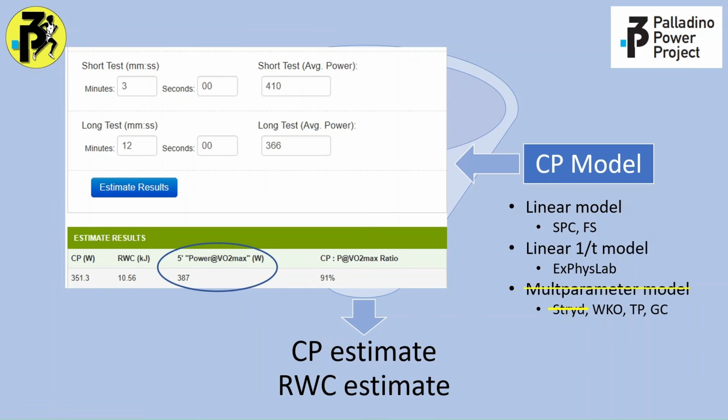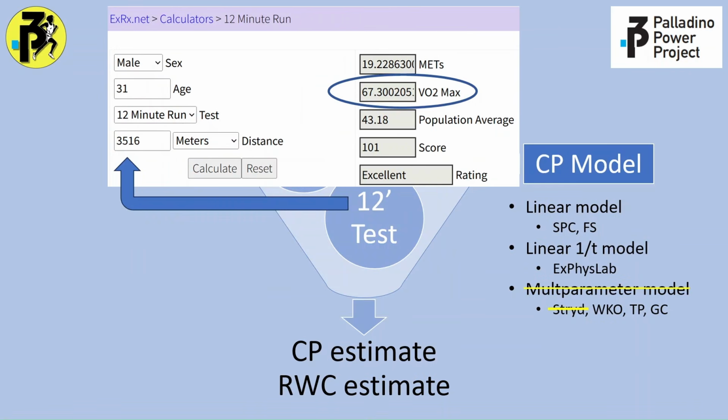Furthermore, we can take that 12-minute test, at least take the distance covered. We can input it into, say, a Cooper test calculator. For example, this one. I'll put the link for this calculator in the description of the video as well. We can put the distance covered during that 12-minute test into this calculator and get an approximation of VO2 max.